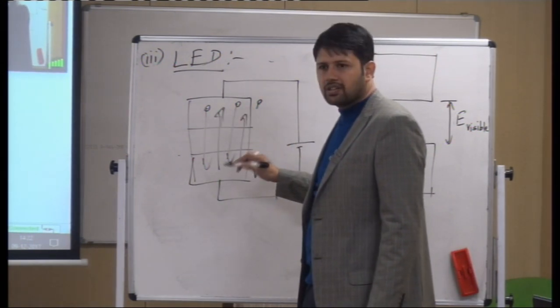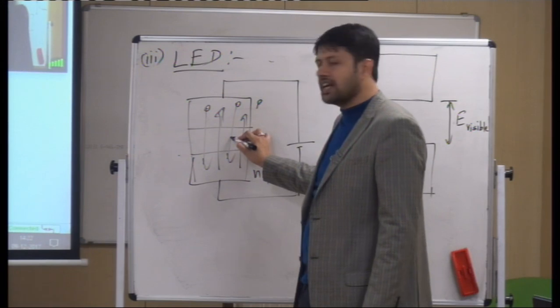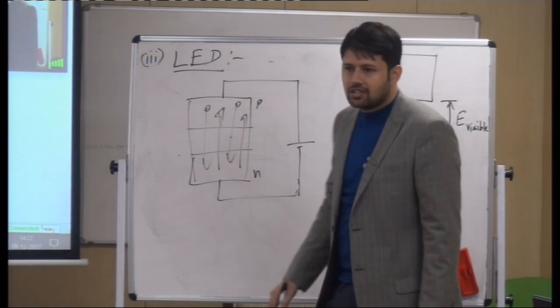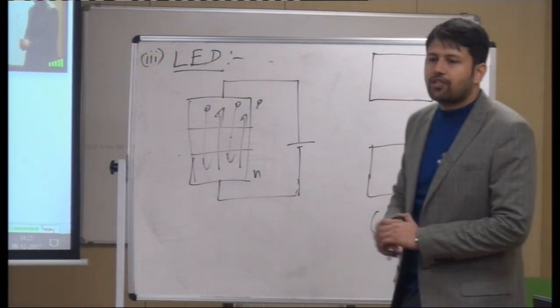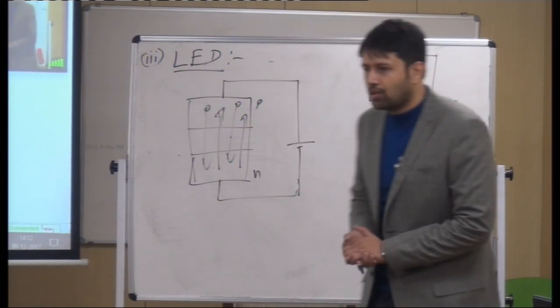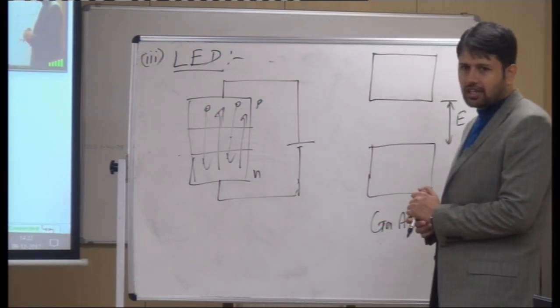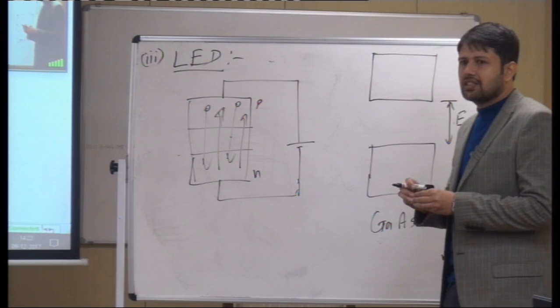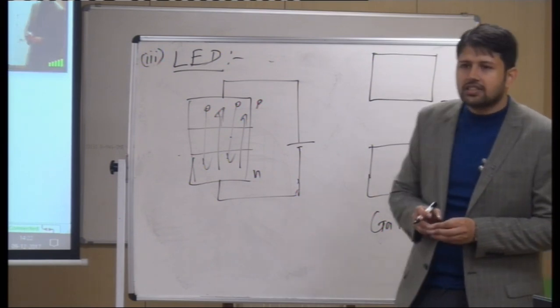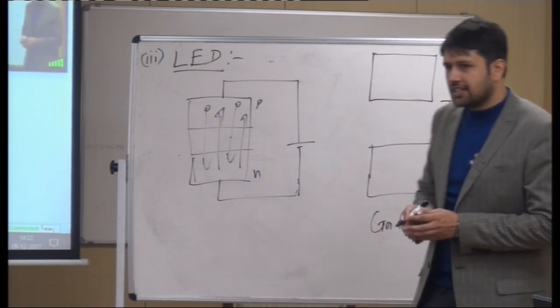Some of them get neutralized at the junction. There electron hole pair formation was happening; here electron hole pair neutralization is happening. Whenever they neutralize, a photon is released and that photon lies in the visible range.